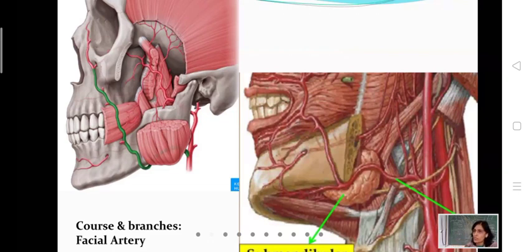So to prevent its undue stretching, the artery becomes tortuous in the face. Okay, so as to overcome the trouble associated with the movement of the muscles of the face.